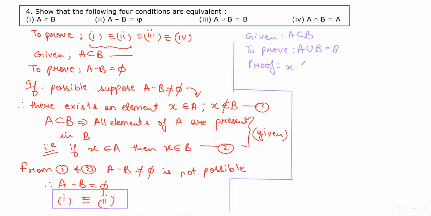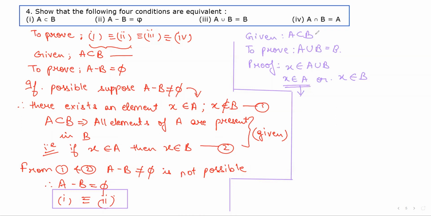Let's consider an element in A union B. So this particular element belongs to A, union means or, this particular element belongs to B. Let's try and see this part. What happens if X belongs to A?